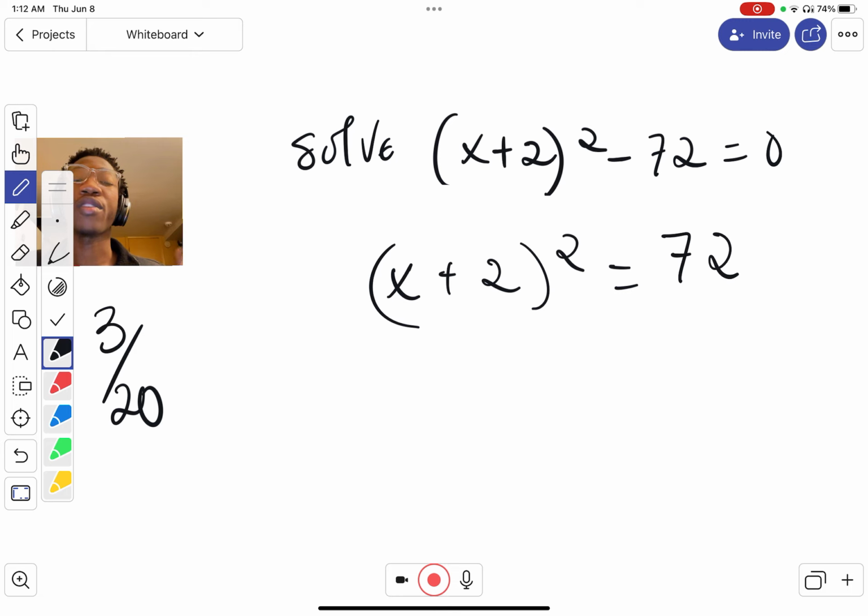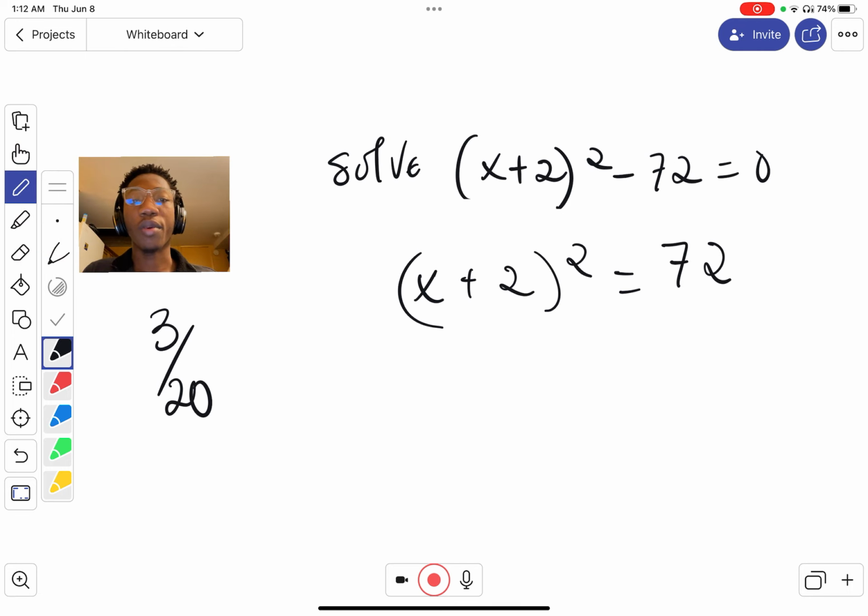Each time you change the position of the numbers, you also need to flip the sign accordingly. So it was a negative 72, it will be a positive 72.